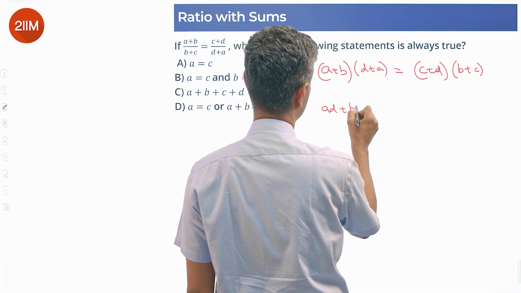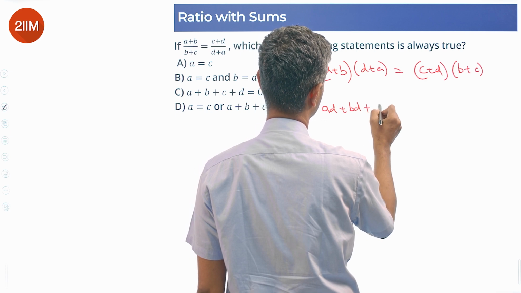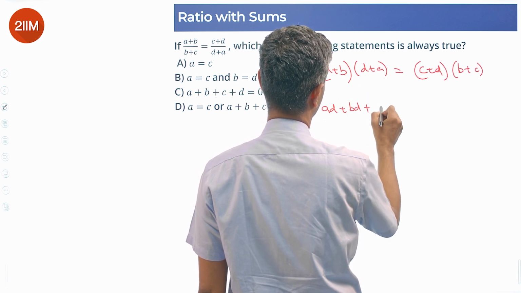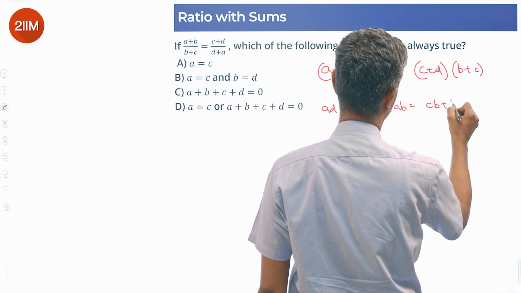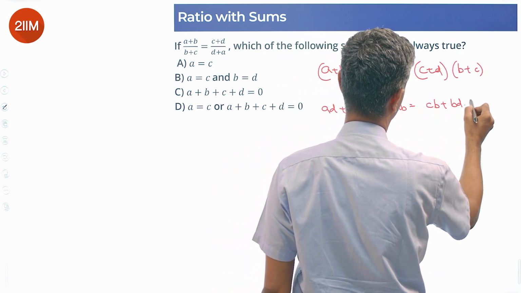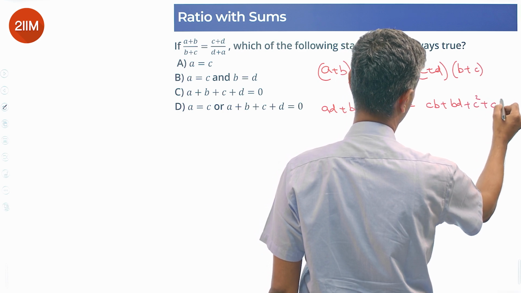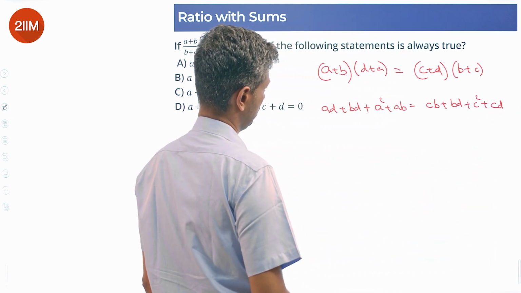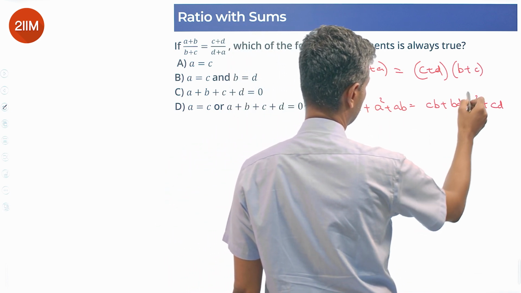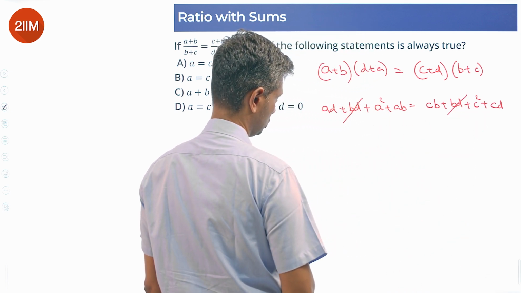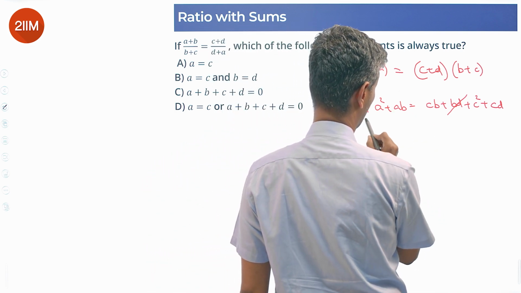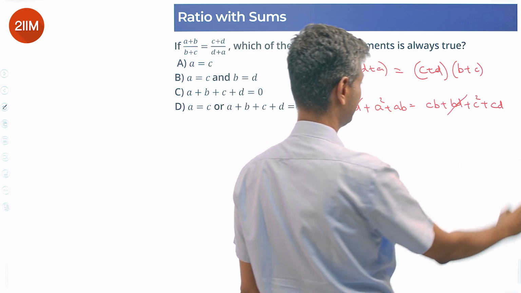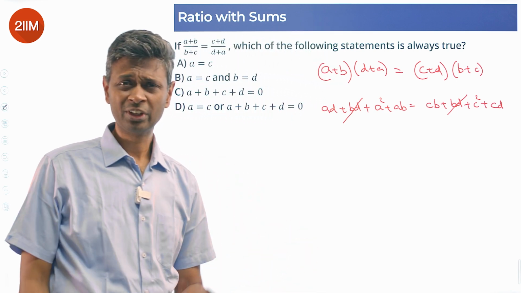AD plus BD plus A square plus AB equals CB plus BD plus C square plus CD. Does anything get cancelled? Yes, BD gets cancelled. So AD plus AB plus A square, CB plus C square plus CD. There's some symmetry about A and C.